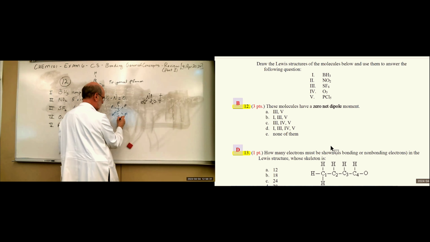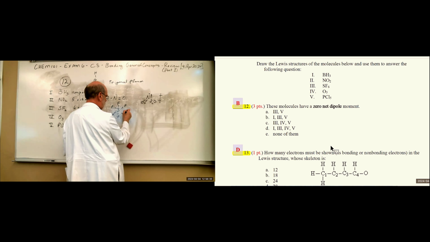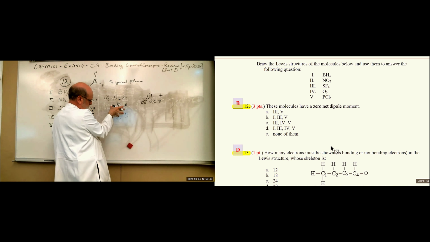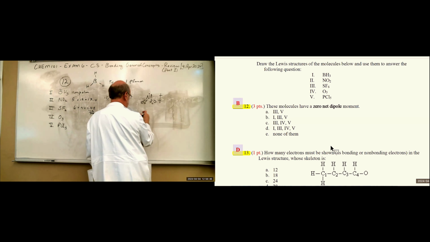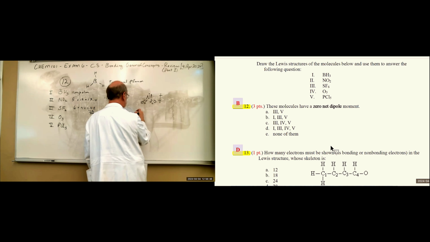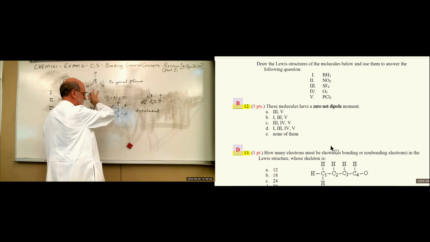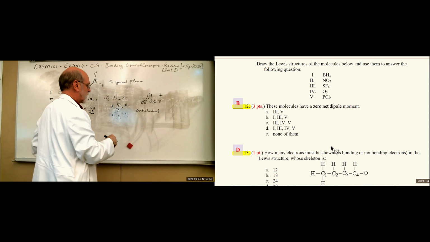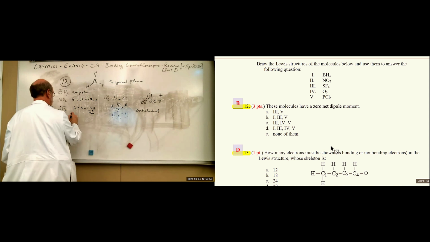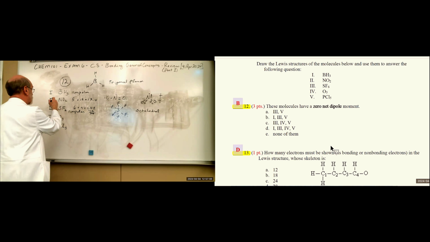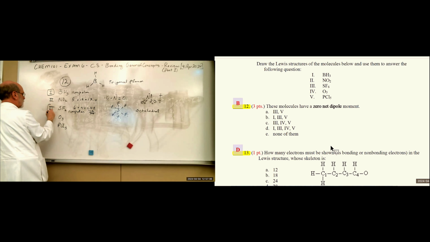Just put 6 around each one. That means each fluorine has its octet. And sulfur exceeds. So these 6 fluorines go into an octahedral arrangement with equal positions everywhere around it, so they cancel one another out. This one is nonpolar. So we got 2 nonpolar so far, this one and this one.